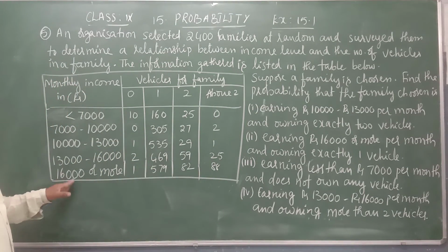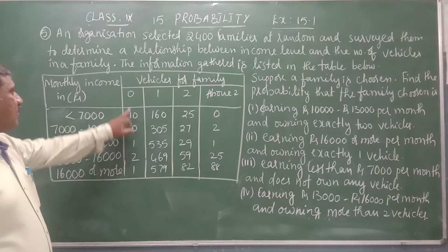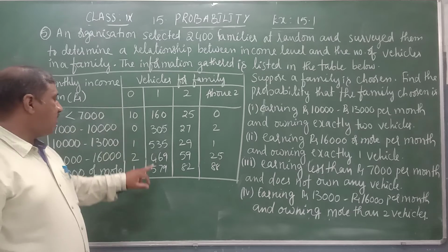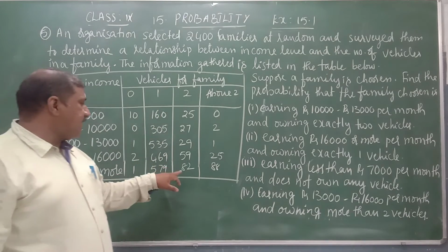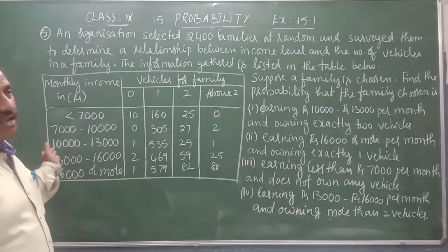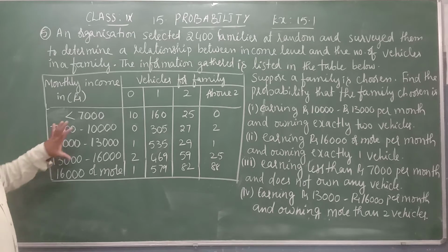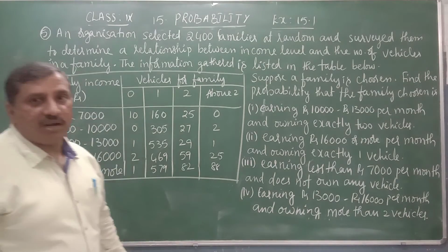For 16,000 or more: one family has 0 vehicles, 579 have 1 vehicle, 82 have 2 vehicles, and 88 have above 2 vehicles. This is the information about their monthly income and the number of vehicles.